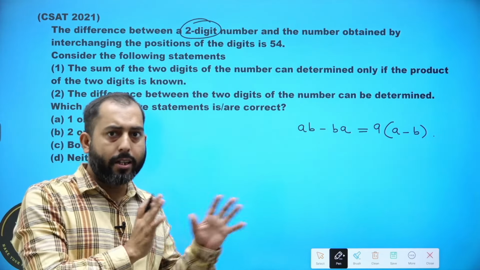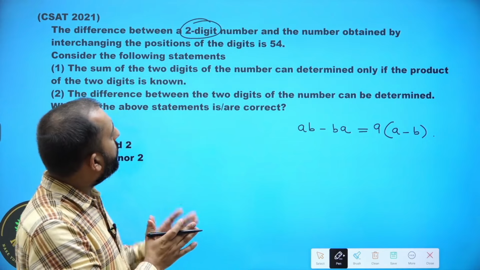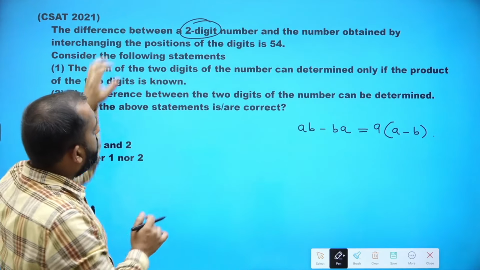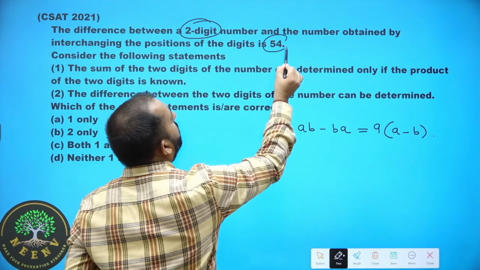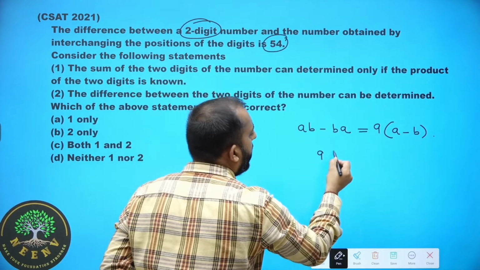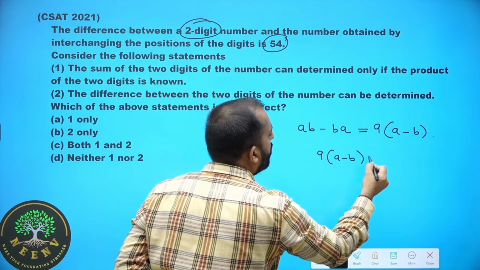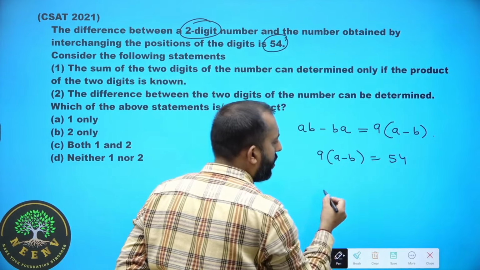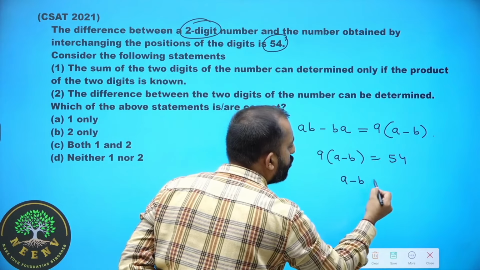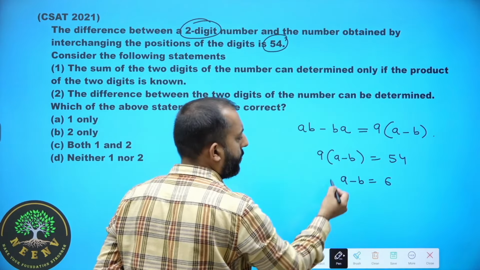We have done this already. So in this first statement, that difference is 54, which means 9 into A minus B is equal to 54, which means A minus B should be equal to 6.